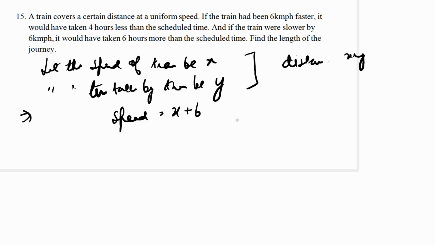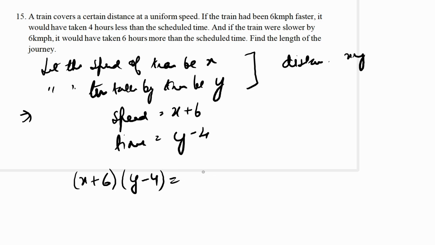So the time it would have taken would have been y minus 4. So what would have been given? x plus 6 into y minus 4 is equal to xy.